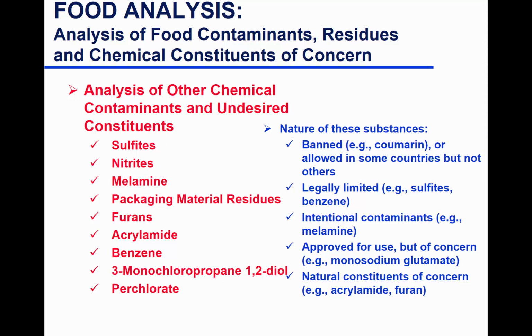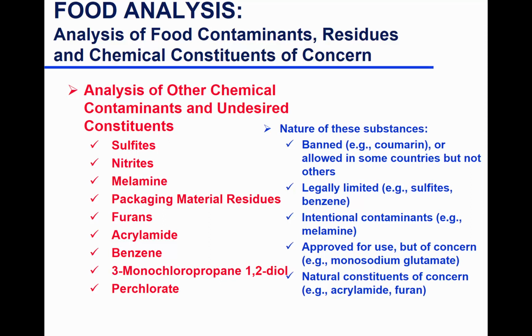Well, the list is long for contaminants of concern. Other than pesticides and drugs and mycotoxins and allergens, we have a whole list of contaminants and residues of concern. Sulfite, for example, has legal limits. There are legal limits for benzene, and benzene can form in a beverage that contains ascorbic acid and benzoate salt.